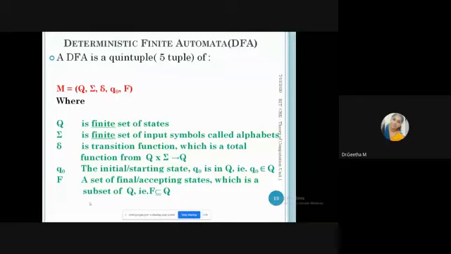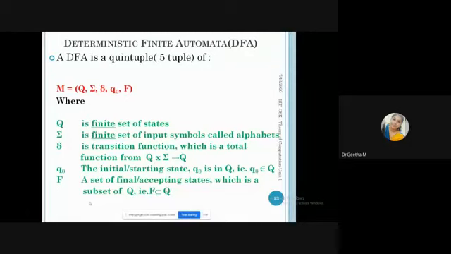So M equals Q, sigma, delta, q naught, F. First letter is capital Q, second letter sigma, third the important letter delta, the small Greek delta, then q naught, then F. One by one, let us see what the symbols mean. Capital Q is a finite set of states. I already told you that the finite state control is in any one of its internal states.